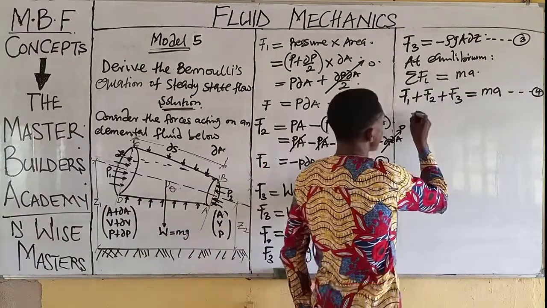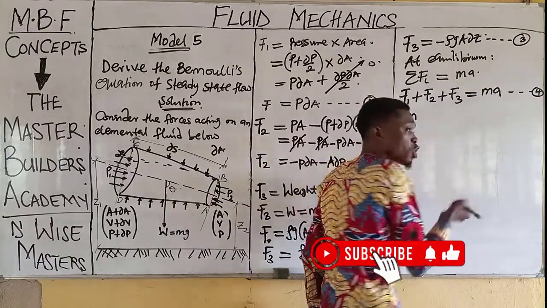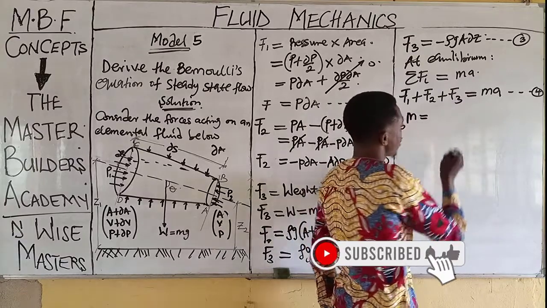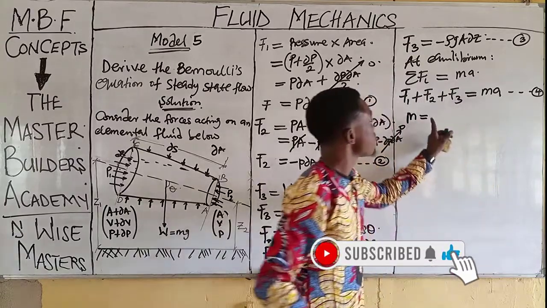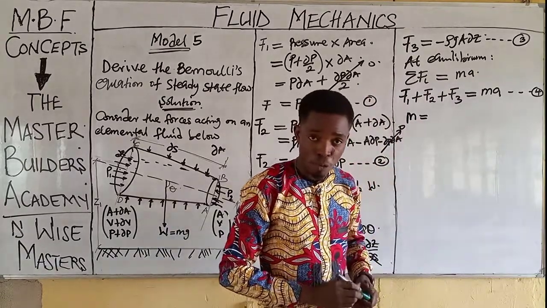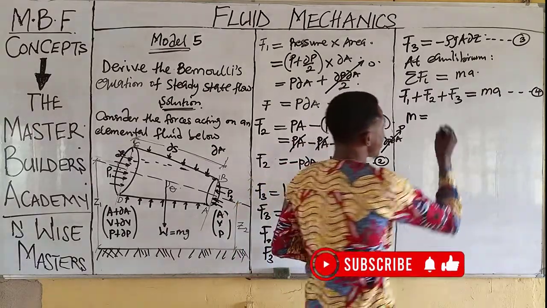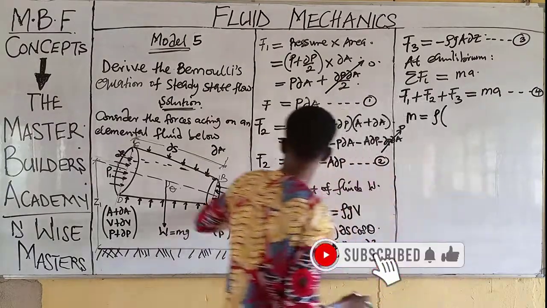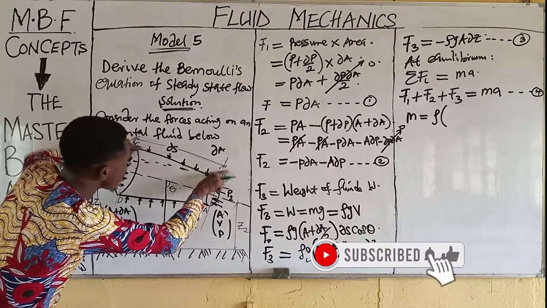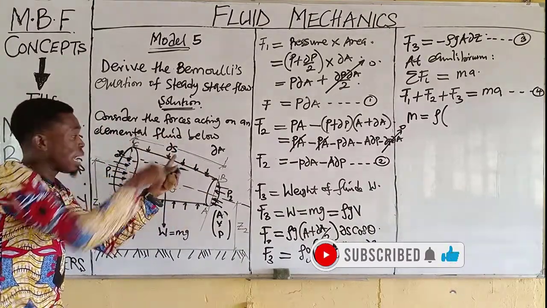That's the next thing. Therefore, understand that M is equal to mass. And mass would have given us density times volume. And for density times volume, the volume here would have been area on this surface multiplied by what? This distance.